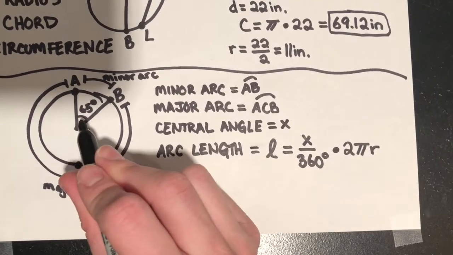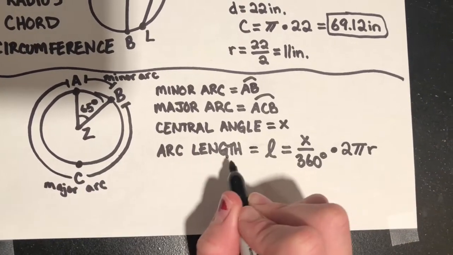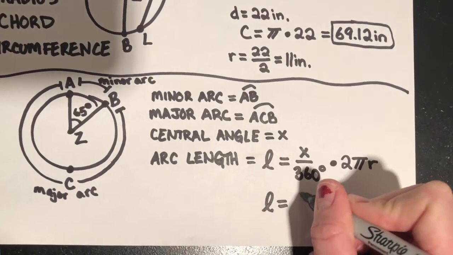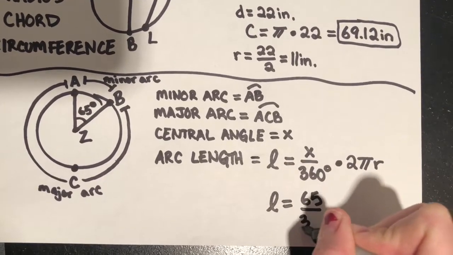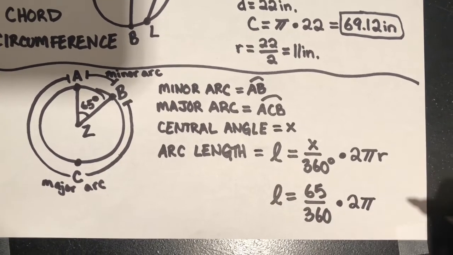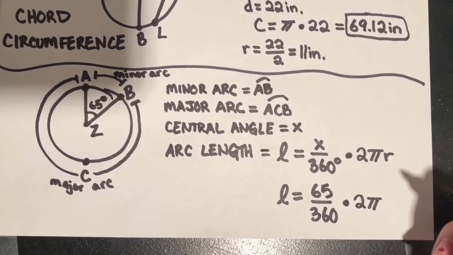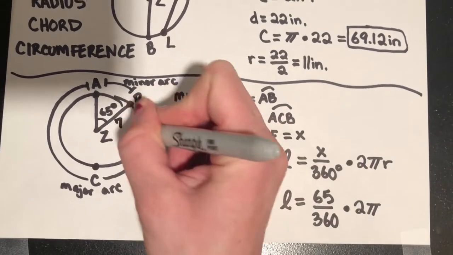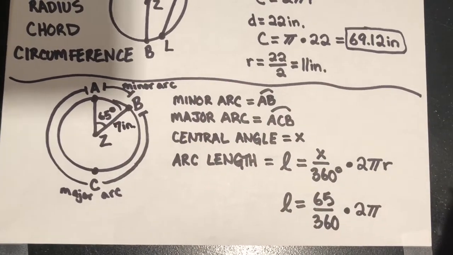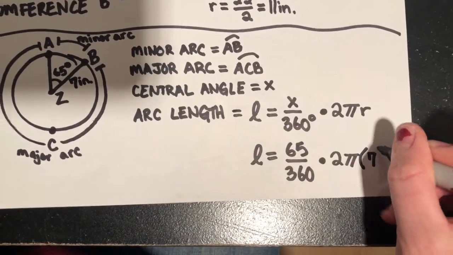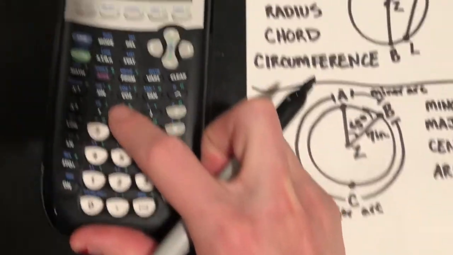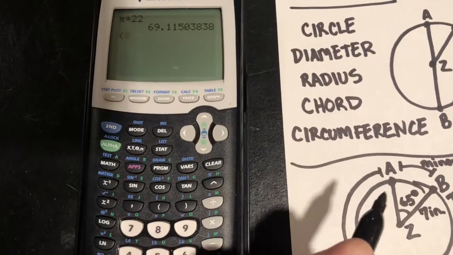So if I wanted to find an arc length of a central angle with 65 degrees, I would input 65 over 360 and multiply it by 2 times pi. Now I need a radius. Let's say our radius is 7. We'll stick with inches, like in our previous example. So I'm going to multiply that by 7. I come back over to my calculator, have parentheses.